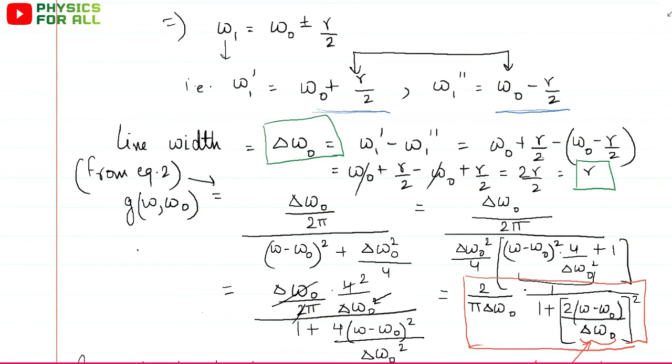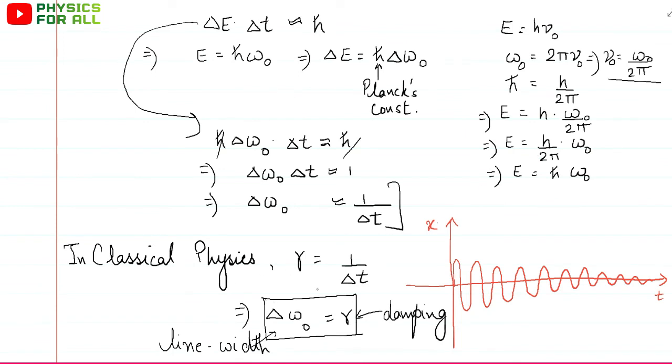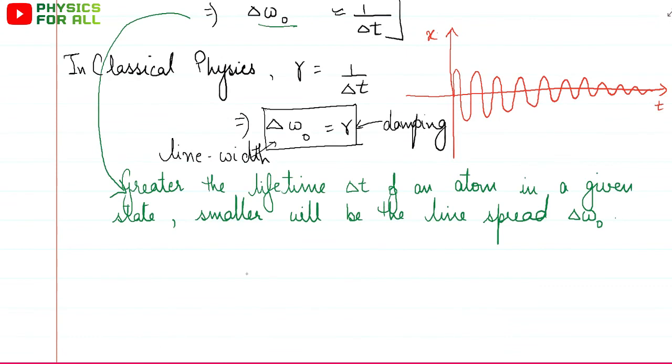On the basis of classical physics, this is true. That means the line width is due to this damping factor, due to the radiations being emitted, and we can explain it on the basis of Heisenberg's uncertainty principle also. This relation shows that the greater the lifetime of an atom in a given state, the smaller will be the line spread. Delta omega naught is equal to 1 by delta t, and delta omega naught is gamma.